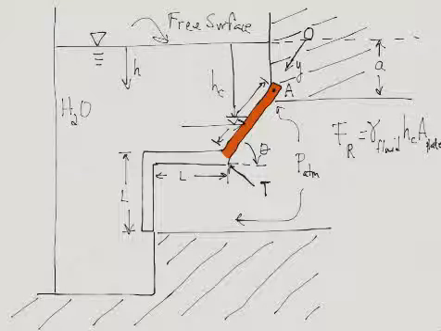So the centroid of the area is going to be somewhere in here. Since this angle here is 30 degrees, we can actually get this centroid by using our sine, cosine, and tangent functions.